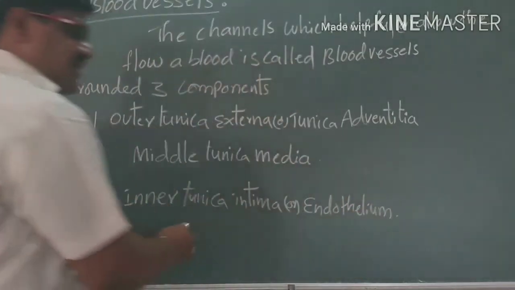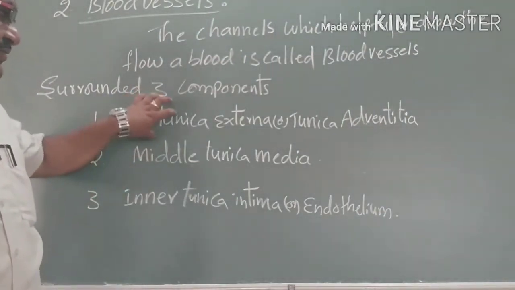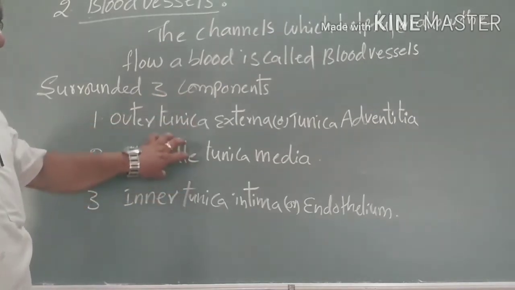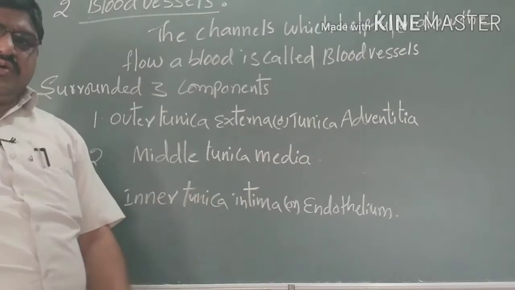So these are the three layers which surround the blood vessels: outer tunica externa, middle tunica media, and inner tunica intima, or endothelium.